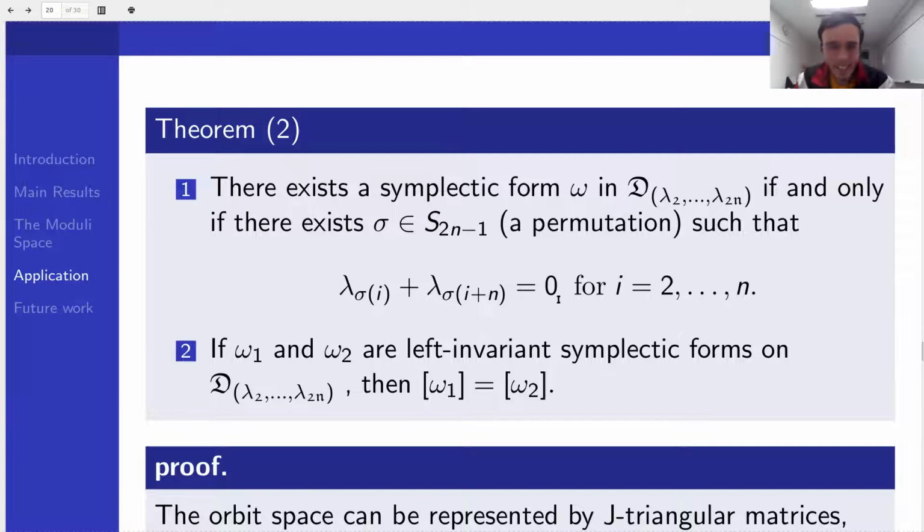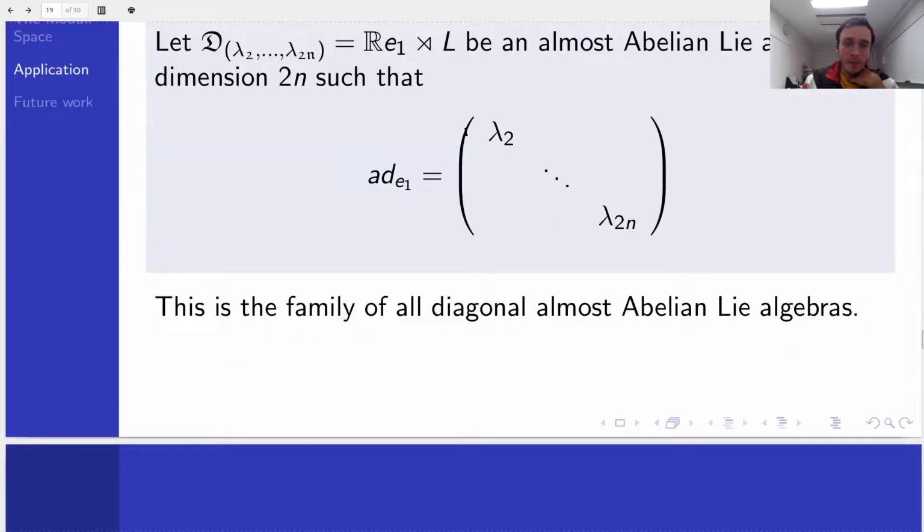It says that, given a two-form, again, this is just a condition. There is a symplectic form in this family of Lie algebras if and only if there is a permutation such that, by pairs, the sum of the parameters is equal to 0. Going one slide back, this is the map that defines the almost abelian Lie algebra.